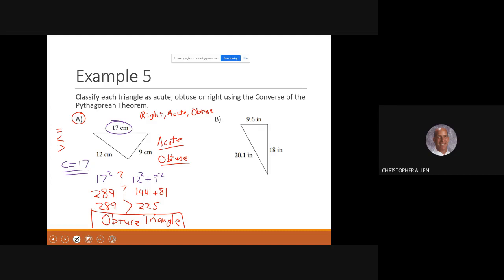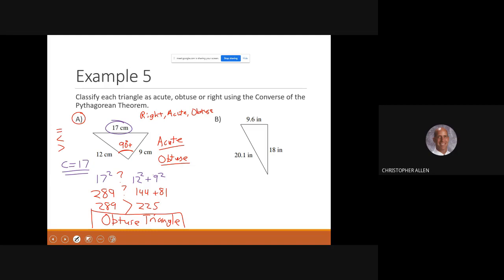It's an obtuse triangle, which means this angle right here is greater than 90 degrees. I'll put 90 plus. It's 90 plus degrees there. It's not 90, it's more than 90, okay?